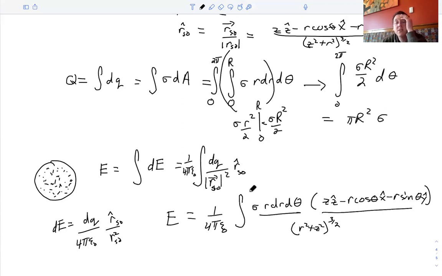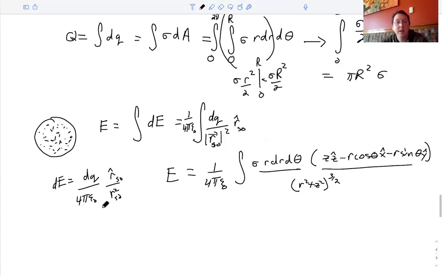At this point, it should look sort of similar to what we had for a ring. The main difference is being a double integral in sigma, because we're in 2D, and then we have lowercase r's instead of capital R's. And that's simply because here the radius can change as you move around inside the disk.